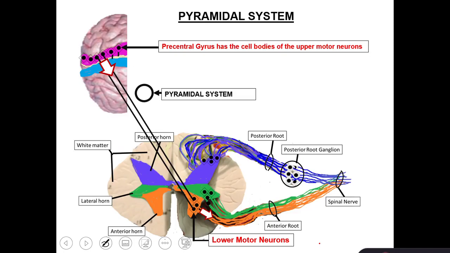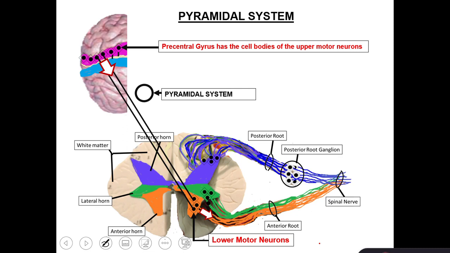The axons of the upper motor neurons cross over in the medulla, so they go to the opposite side of the spinal cord, and so they supply the muscles on the opposite side of the body. So suppose you want to move a certain part of your body.